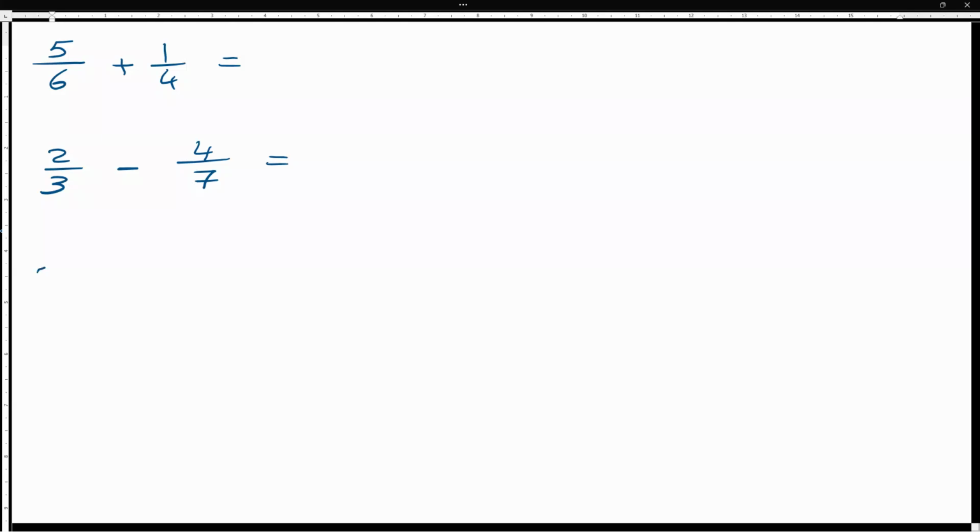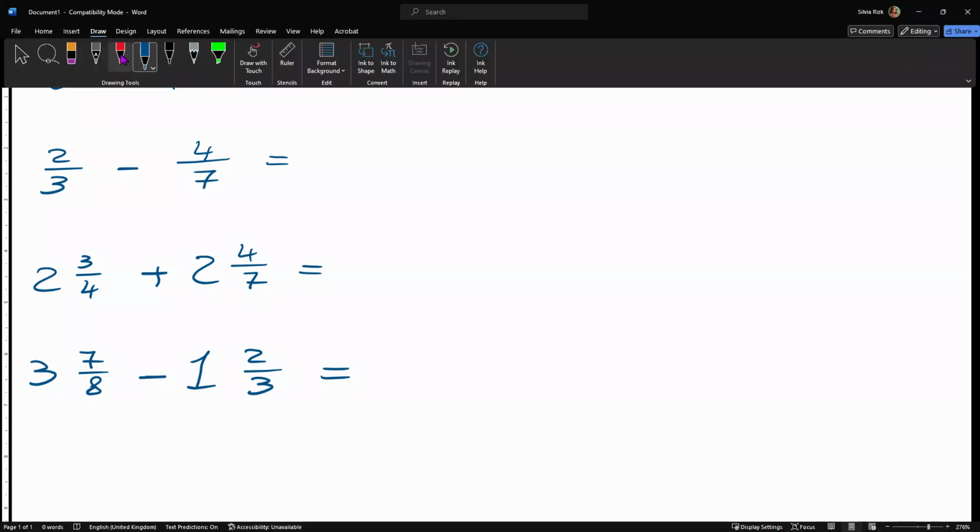I said 2 3/4 plus 2 4/7 equal. And if we said 3 7/8 minus 1 2/3 equal. Now off you go. Pause the video, try to answer it, and come back to mark it with me.